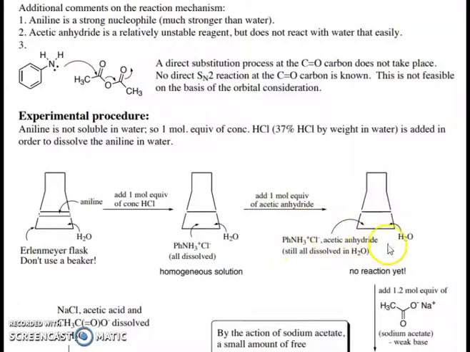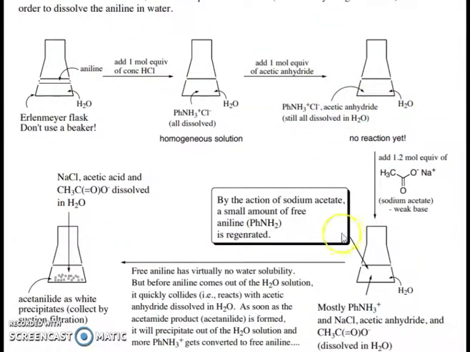You can see the acetic anhydride is still all dissolved in water and there is no reaction yet. Then add 1.2 mole equivalents of sodium acetate. Then, by the action of sodium acetate, a small amount of free aniline, PhNH2, is regenerated. You can see mostly PhNH3+ and NaCl, acetic anhydride, dissolved in water.